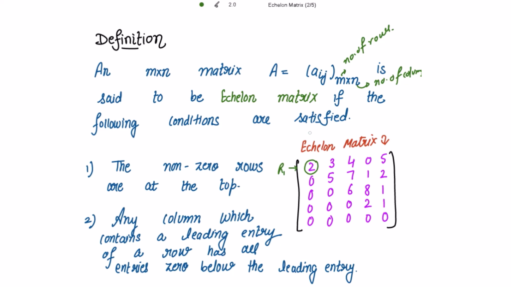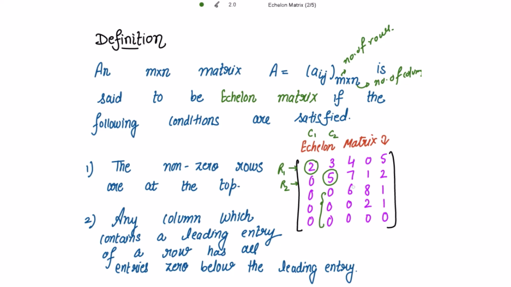So the condition is: any column which contains a leading entry of a row, has all entries 0 below the leading entry. Column 1 contains the leading entry of row 1, and it has all other entries 0 below that leading entry, right? Similarly, for row 2, the first non-zero entry is the leading entry, and the second column has all other entries 0 below it.